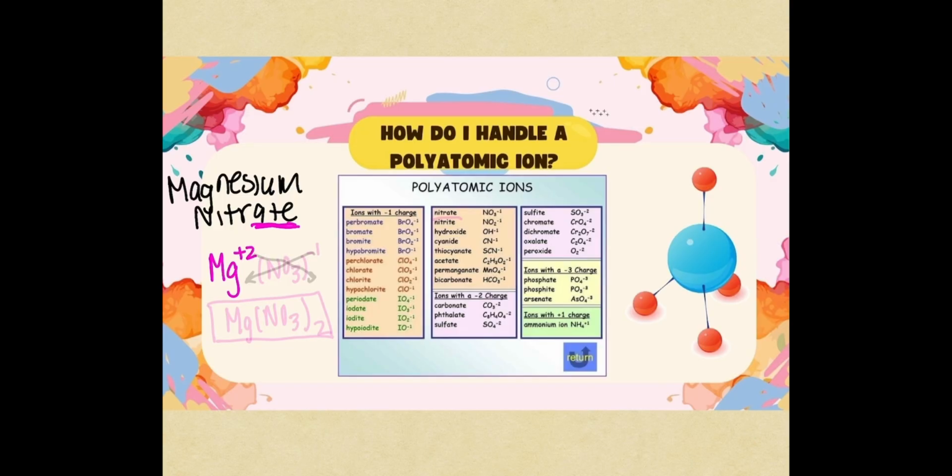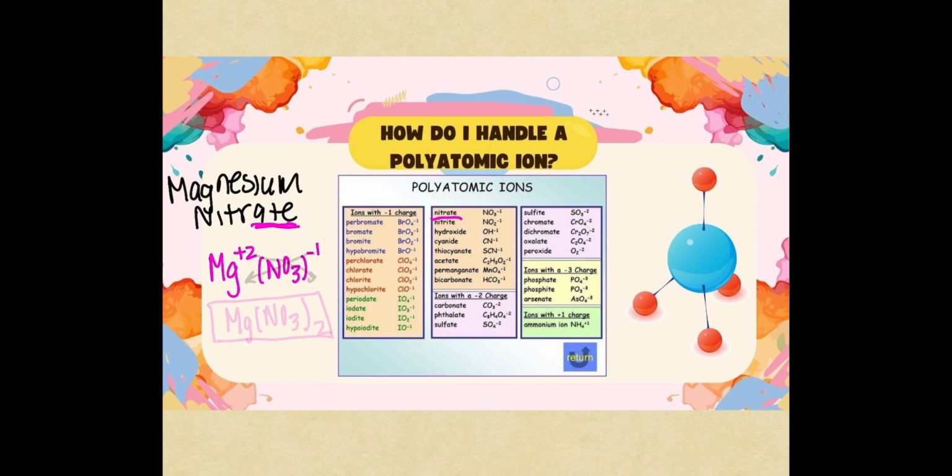Then because I have a polyatomic ion, I'm going to put parentheses. And the symbol for nitrate is NO3, and I put my -1 charge on the outside of the parentheses.